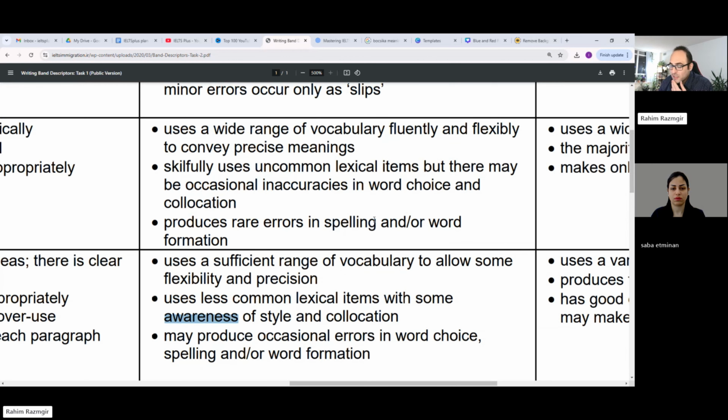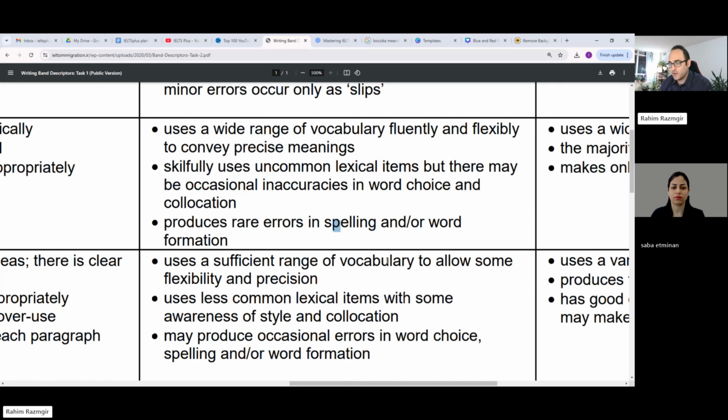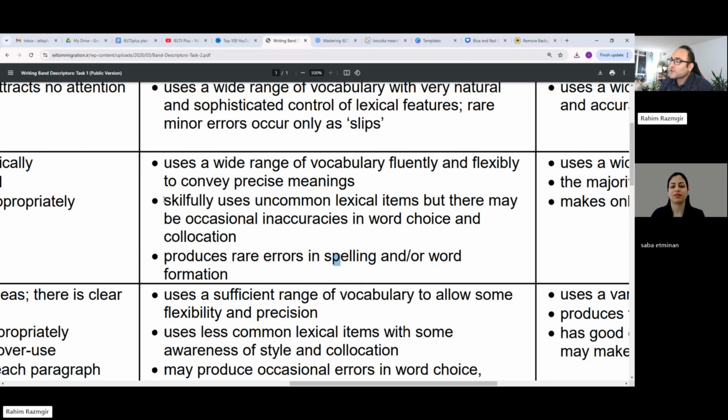So let's see what you need in order to get 8. We're going to improve all of these things just a notch: the range, precision, using less common lexical items, and decreasing the number of errors. Okay. So you use a wide range of vocabulary fluently and flexibly to convey precise meanings.